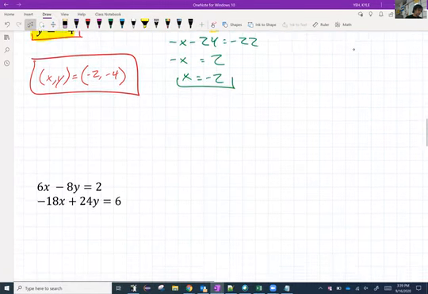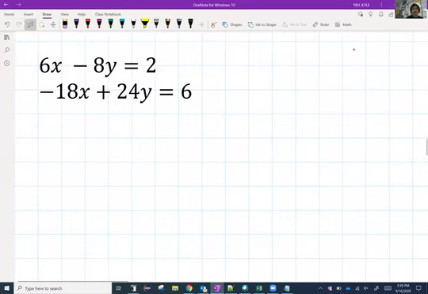So just two more types of problems I want us to look at and make sure we are aware of what they mean exactly. Looking at this first one, 6x minus 8y equals 2, negative 18x plus 24y equals 6. The question being, which variable is the easiest to get alone? There's not really one that jumps out at me as super easy to get alone.